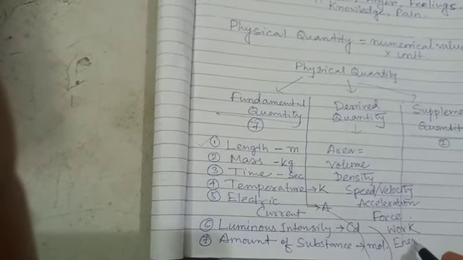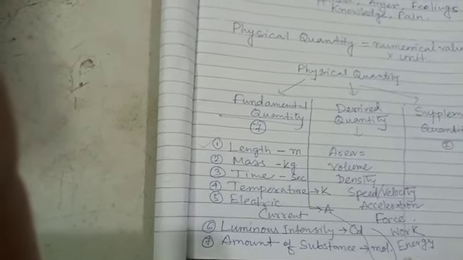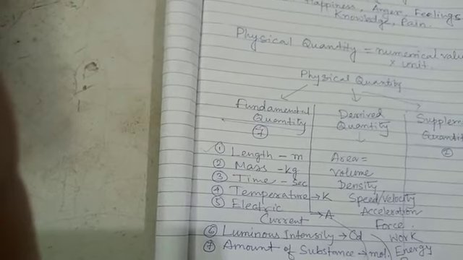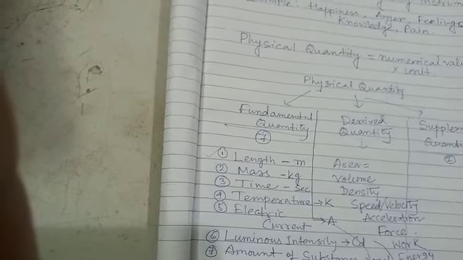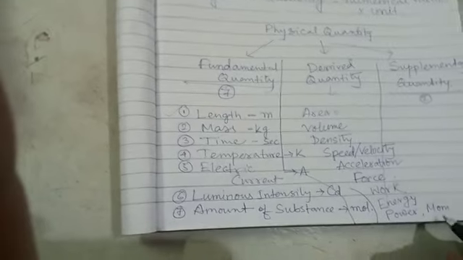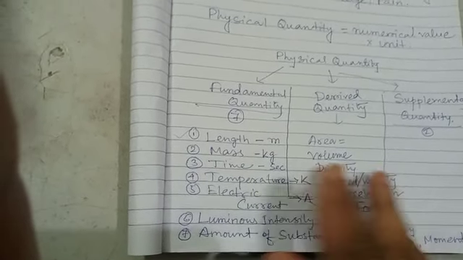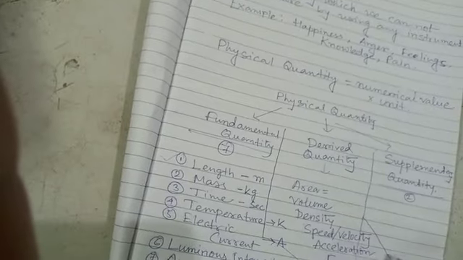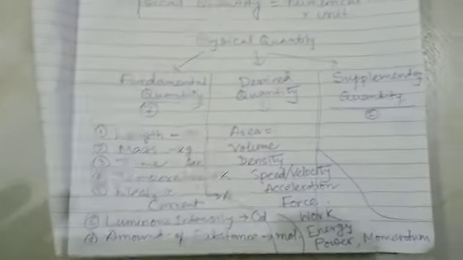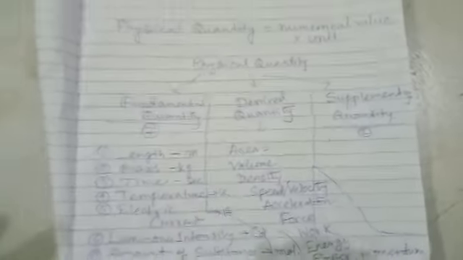Energy is also a derived quantity. Power is also a derived quantity. Momentum is also a derived quantity. There are many derived quantities.